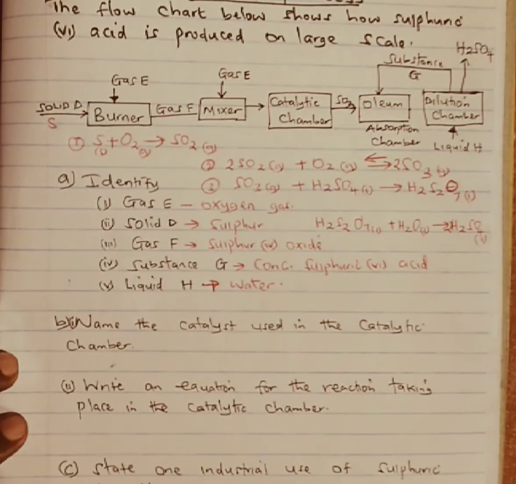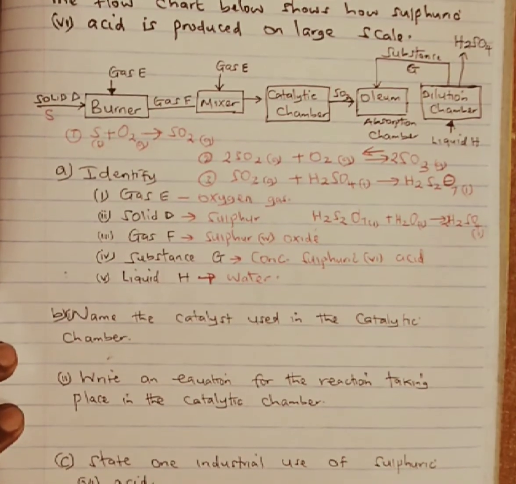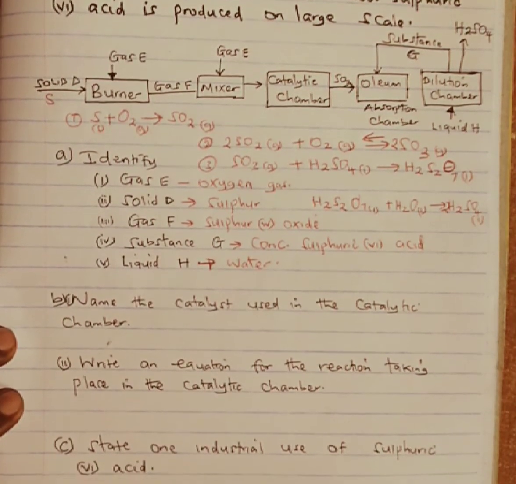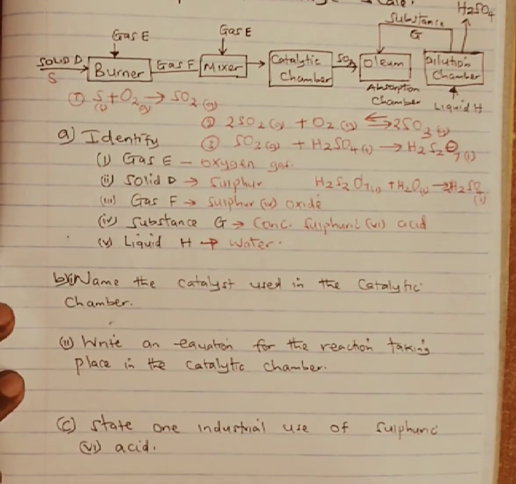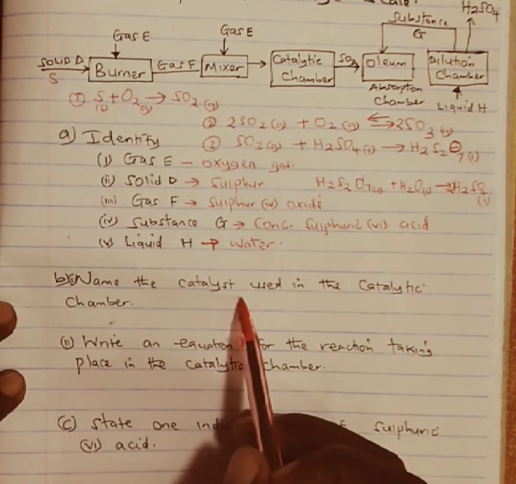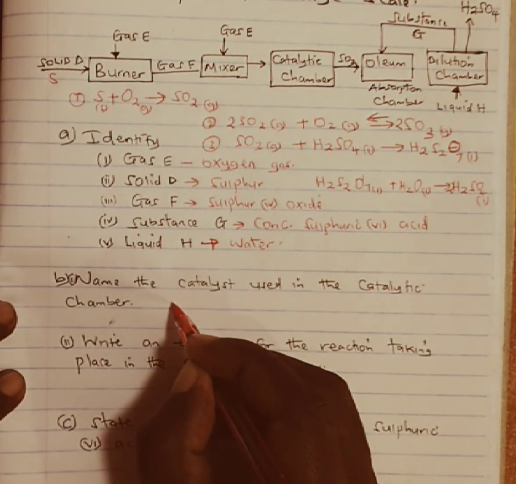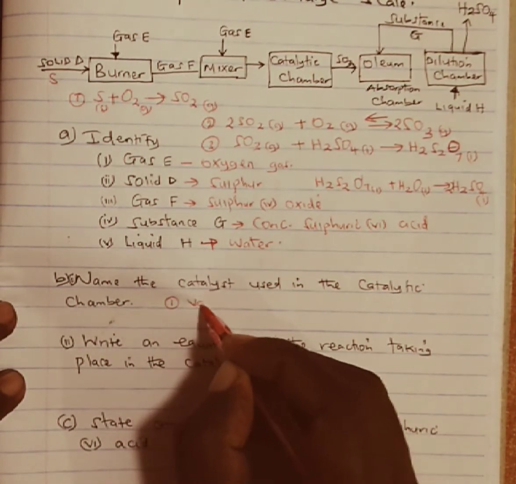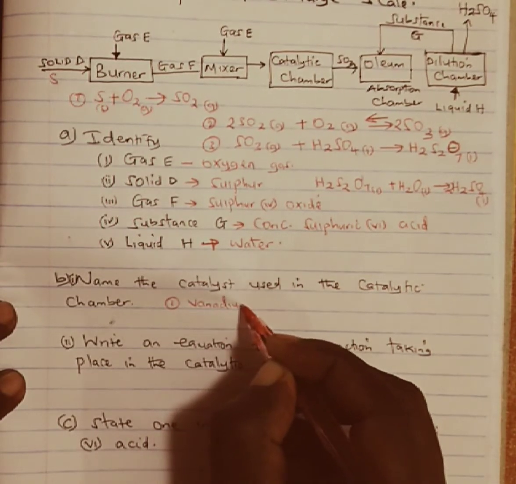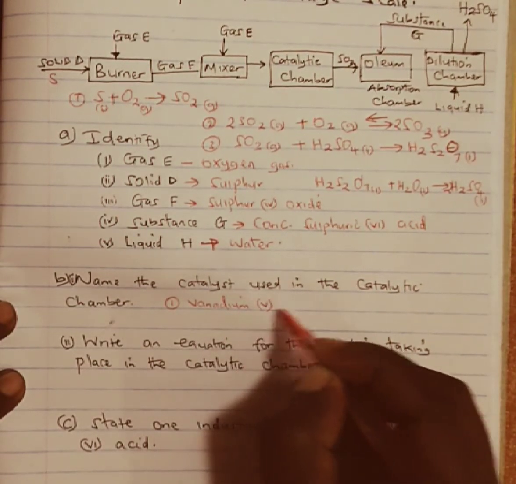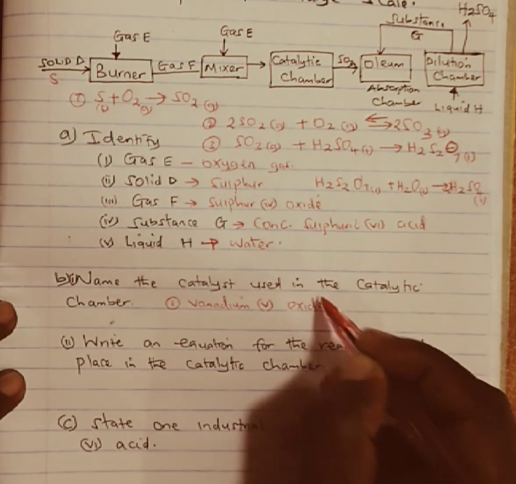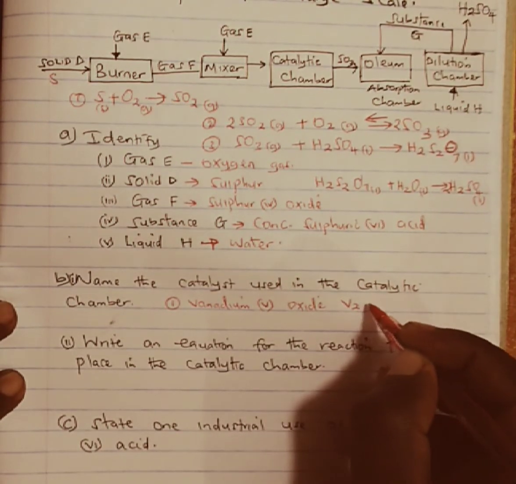Part B of the question. Name the catalyst used in the catalytic chamber. We have said number 1, we can use vanadium 5 oxide, because of the reasons we have identified.